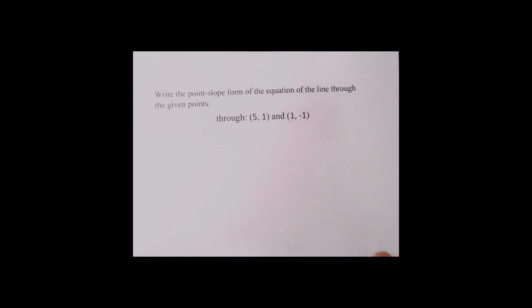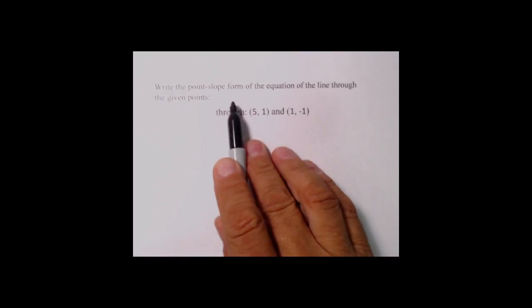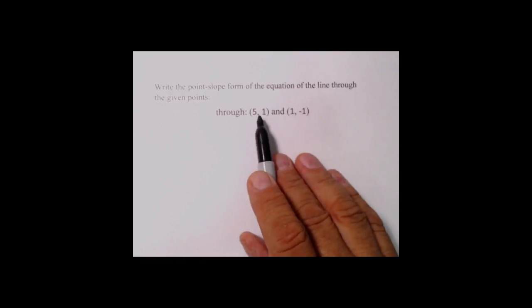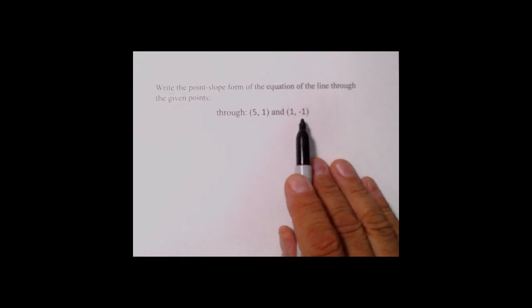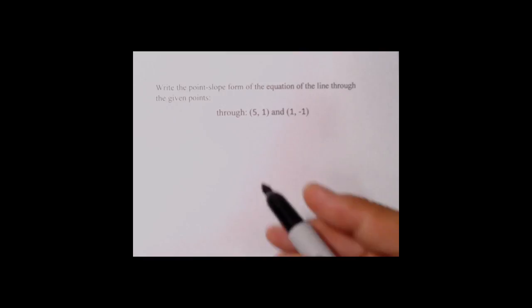Here's our first example. This one says, write the point slope form of the equation going through these points. When you're given 2 points like this, the first thing you have to do is calculate your own m.